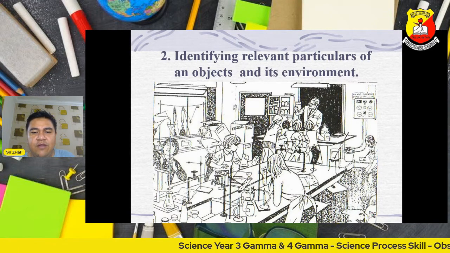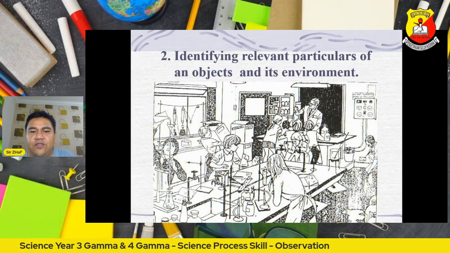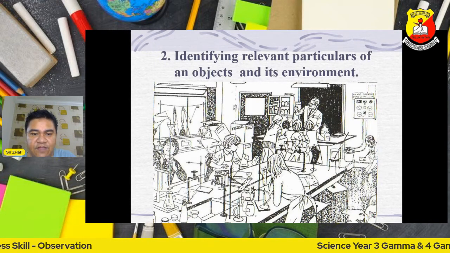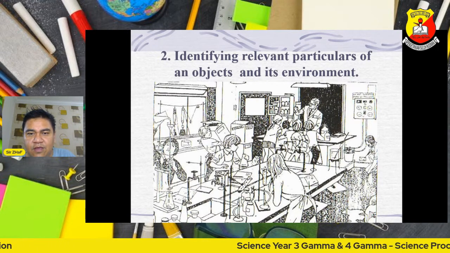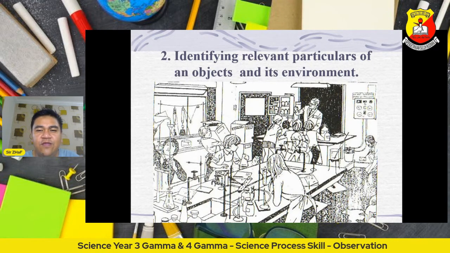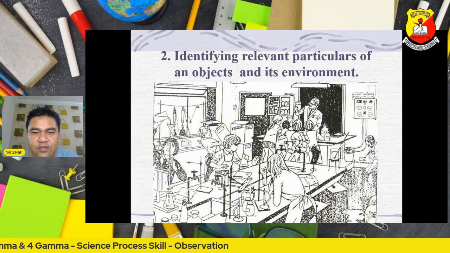This picture is about a teacher teaching in a science lab, and all the students are doing their own activity. So you must use all your senses to identify what is happening in the picture.